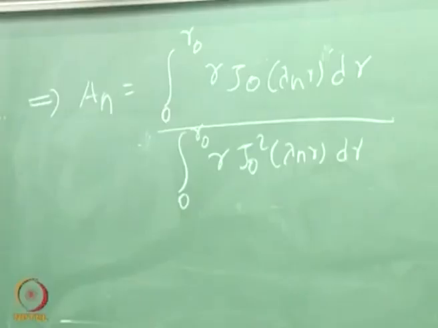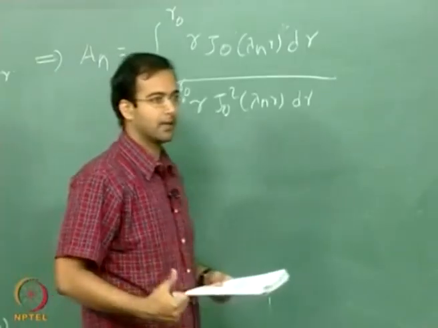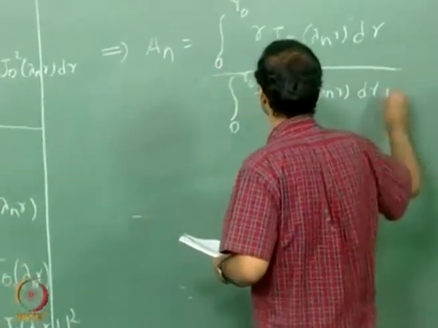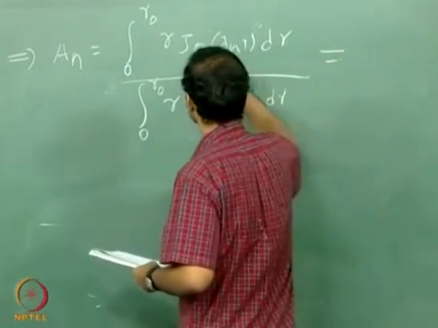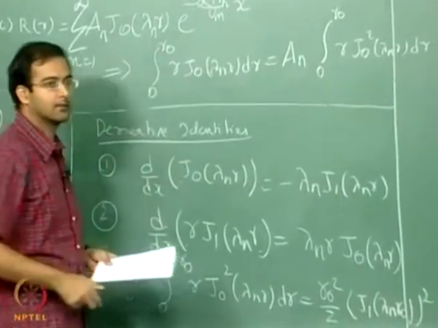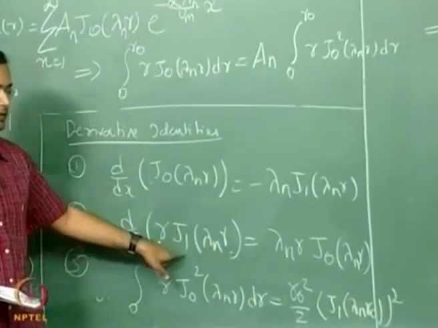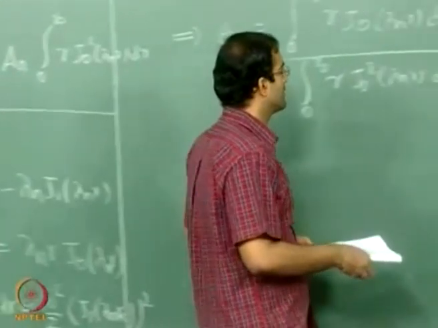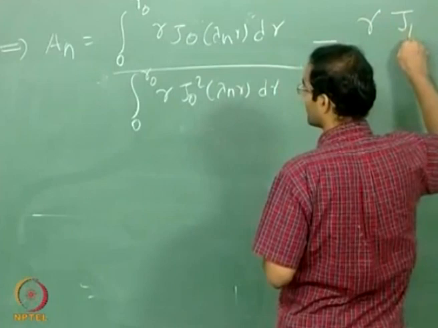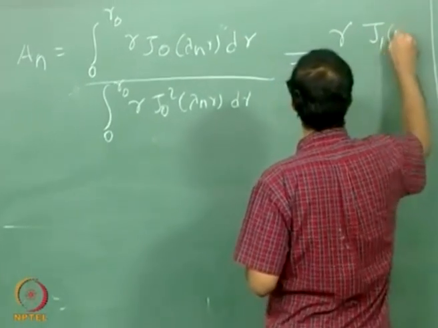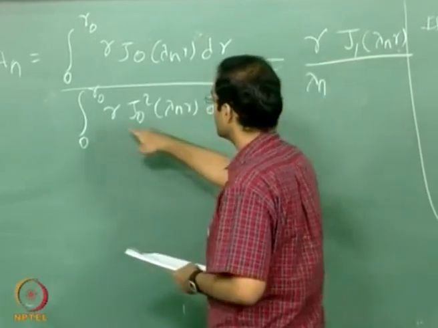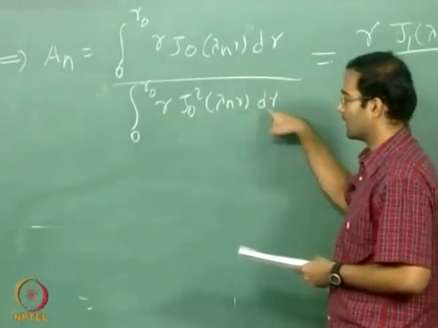So now we have to simplify this further. So that is where we make use of the derivative identities. So numerator, integral r j naught lambda n r. So you integrate both sides. So that should be equal to r j1 lambda n r divided by lambda n, and now you have integral r j naught square lambda n r.